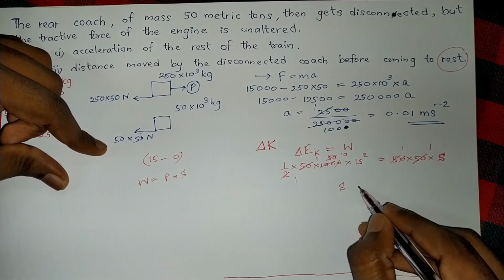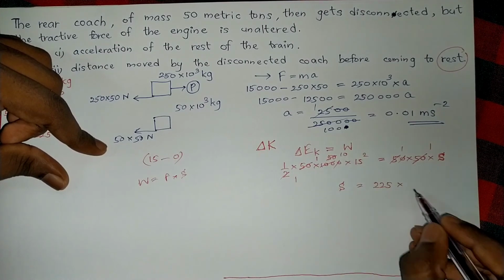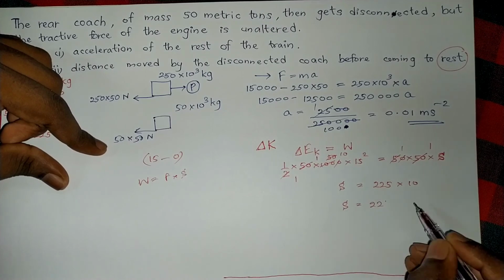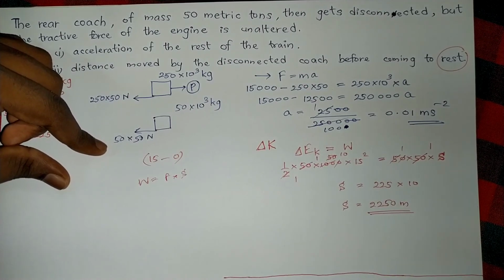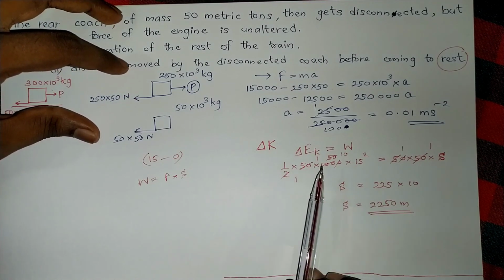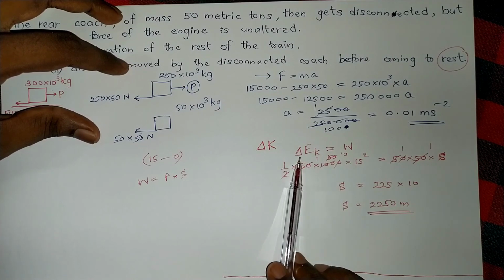So S will be 15 square, 225 into 10. So the moved distance is 2250 meters. Once again I repeat, the theory used here is that work done is equivalent to change of kinetic energy.